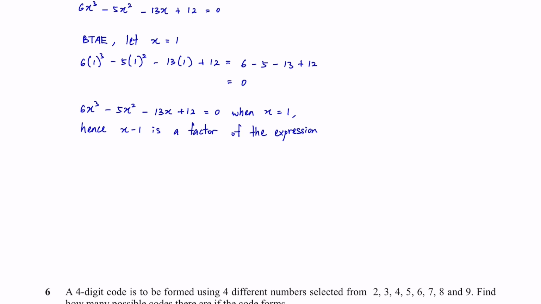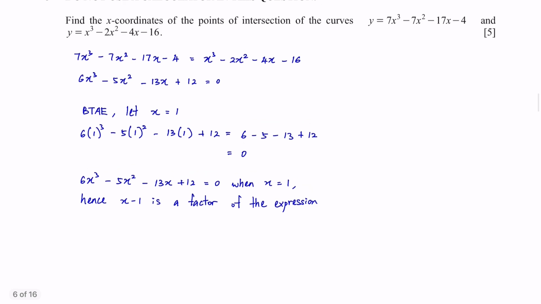So now we can divide this expression by x minus 1 to get the other solutions for x. So we have 6x cubed minus 5x squared minus 13x plus 12 divided by x minus 1.